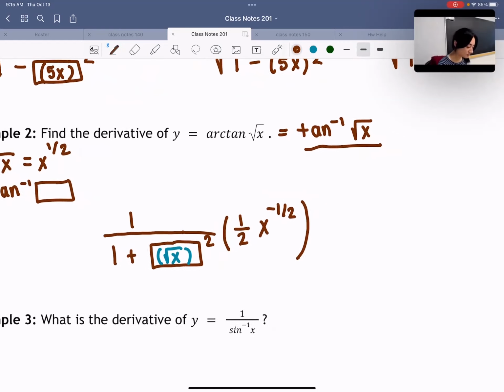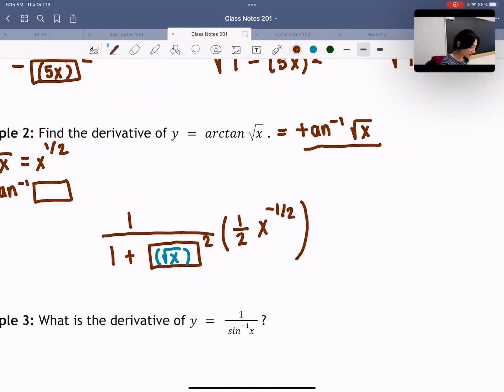Okay, let's clean this up a little bit. Okay, we've got 1 over 1 plus the square root of x squared. What is the square root of x squared? x, good. So this becomes 1 over 1 plus x, right? And then what's x to the negative 1/2? How can I clean up x to the negative 1/2? Put it on the bottom. Good, put it on the bottom.